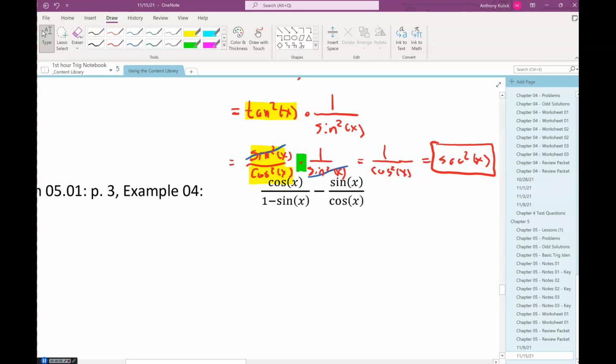What would the common denominator be in this case? Victoria? 1 minus sine x times cosine x. It would just be the product of the two denominators, right? Since those two denominators are relatively prime, there's nothing in common between 1 minus sine x and cosine x.